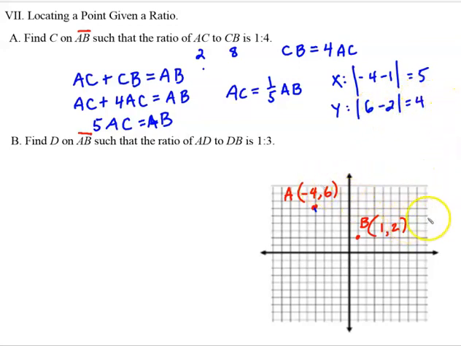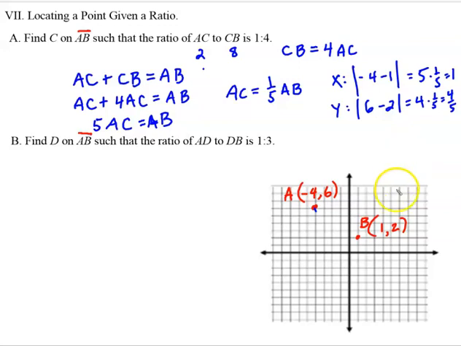All right, so that distance is 4. Okay, so let's take these two distances now and multiply each one of them by 1/5. All right, so 5 times 1/5 equals 1. 4 times 1/5 equals 4/5.